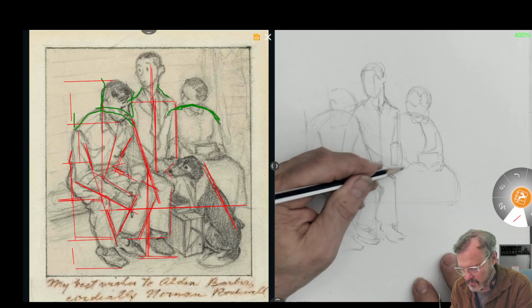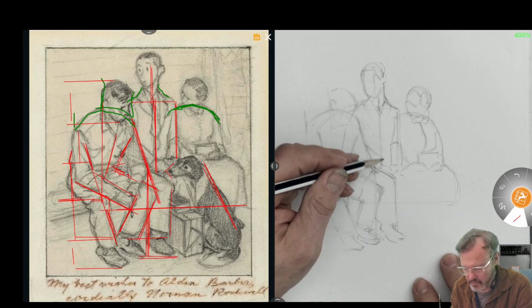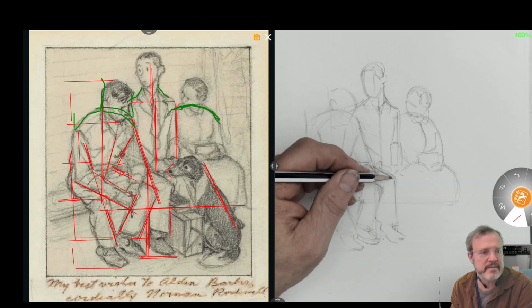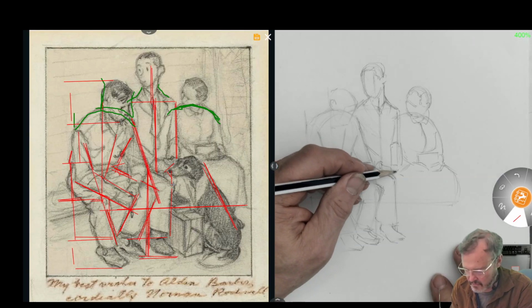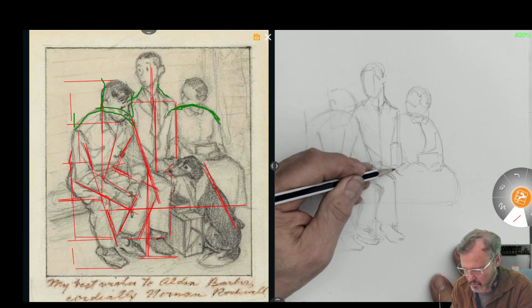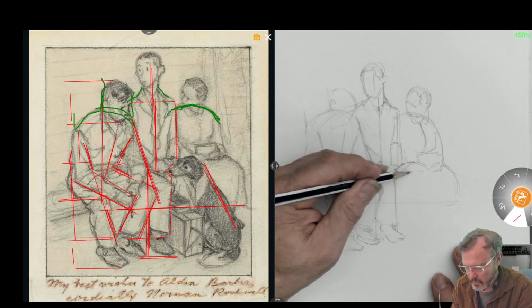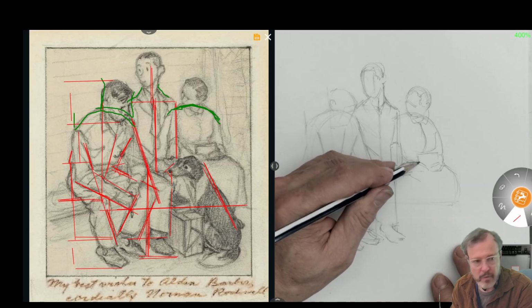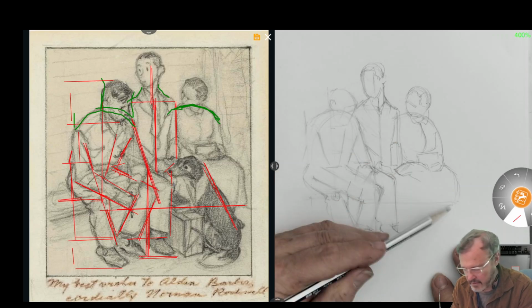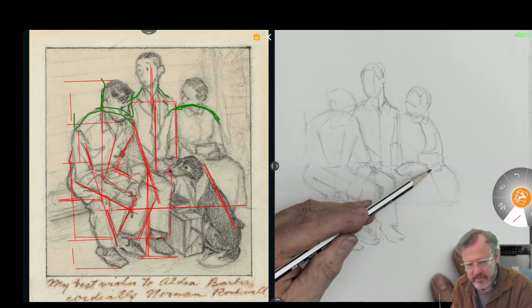So that's about the height of the muzzle. It extends just a little bit over Dad's knee. And there's the direction of the dog's back.